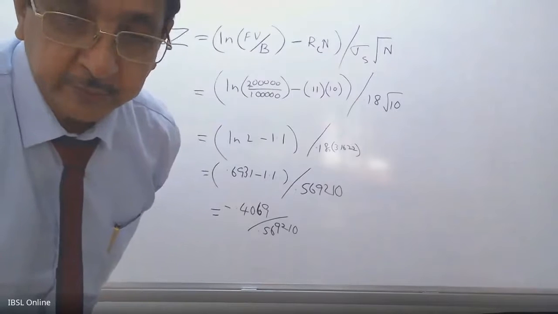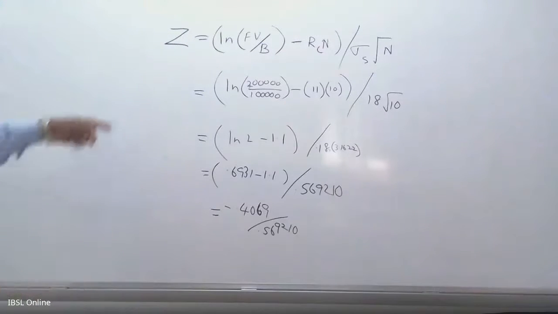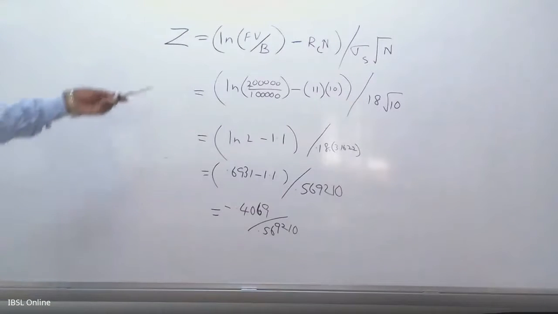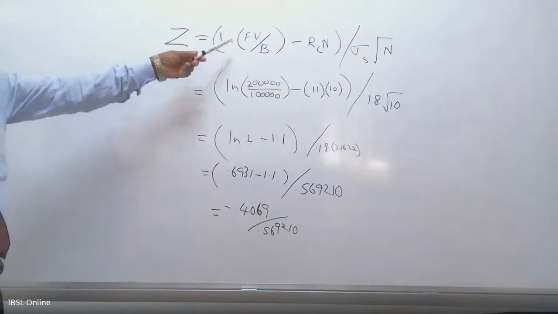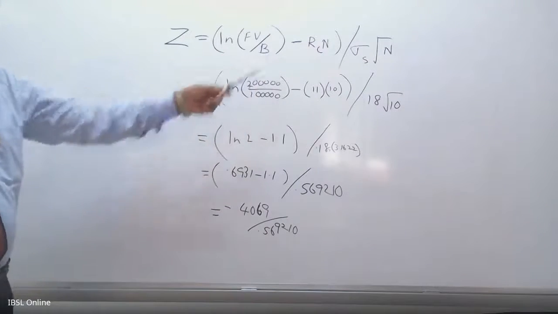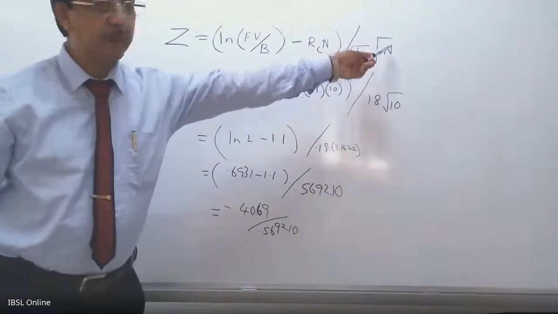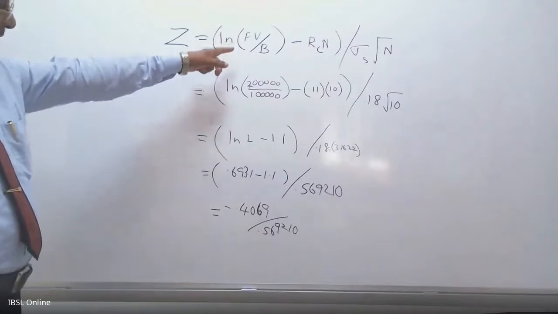Now, just look at the board. You can see the formula here: log FV divided by V minus RC N divided by sigma S square root of N. Now I just put the values.